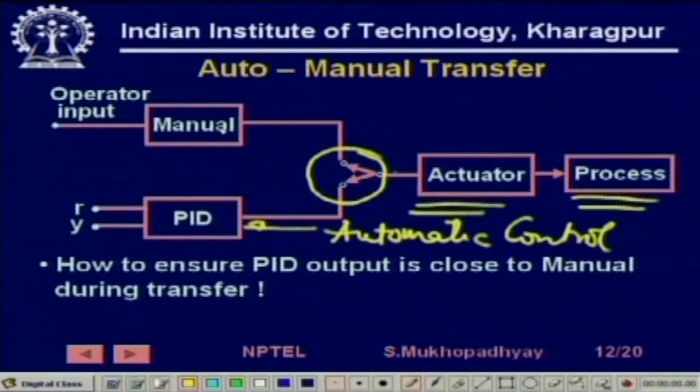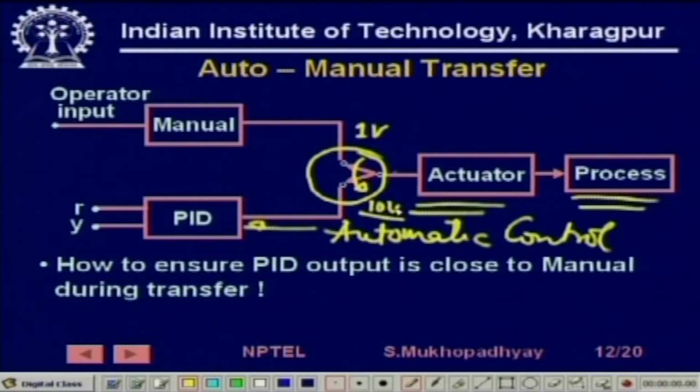Now, the main question is that when I am transferring, how do I know? For example, suppose here the input was, let us say, 1 volt. Now, how do I know that when I flick this switch to auto, the input existing here may not be 10 volt?